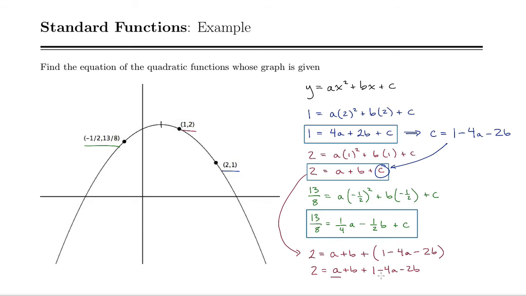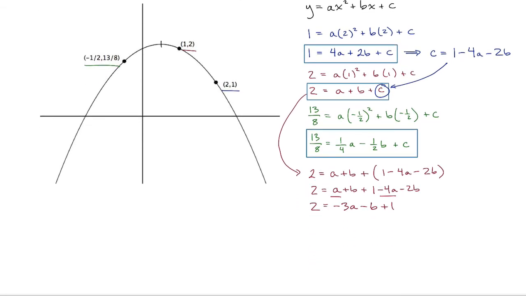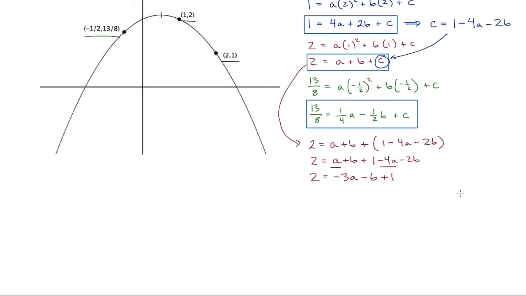I've got an a there, and I got minus 4a there. So that's minus 3a. And then I've got a plus b and a minus 2b, so that's minus b. And then plus 1. And now I solved for c up here and plugged it in there. Notice I don't have any c's now.